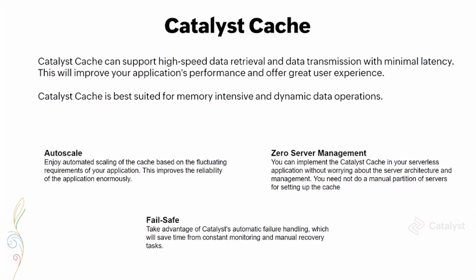You do not need to worry about the server architecture management. So there is zero server management when you're looking to use Catalyst cache. And then there is an automatic fail-safe handling, which helps the developer in moving away from the constant monitoring and manual recovery tasks in case of a downtime.